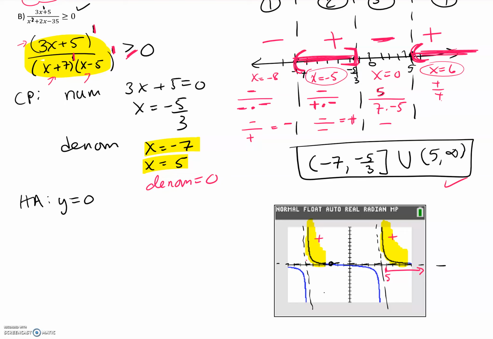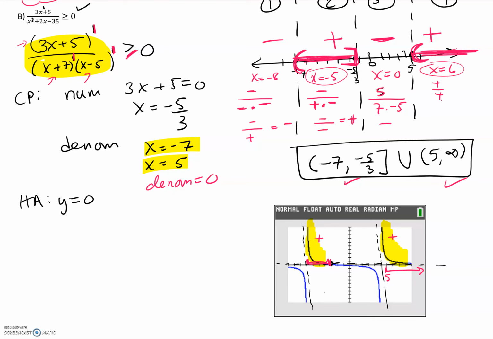And also in this region, which happens to be between negative 5/3, that must be an x-intercept, and the left edge happens to be negative 7, the vertical asymptote, which gives me the first piece. So in those 2 regions, the y values are positive, if we were to look at the graph only.